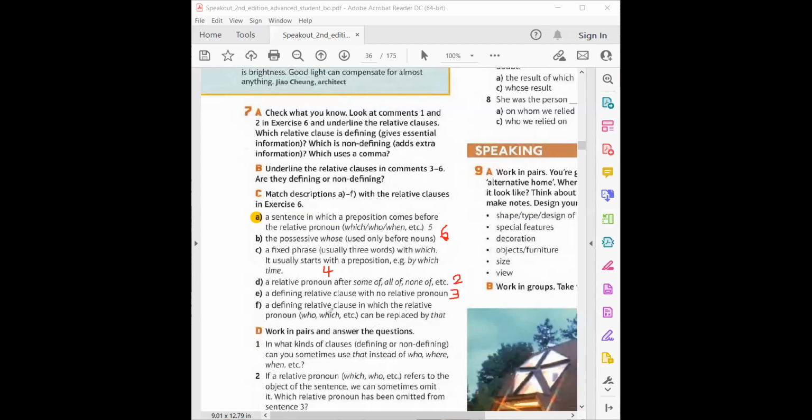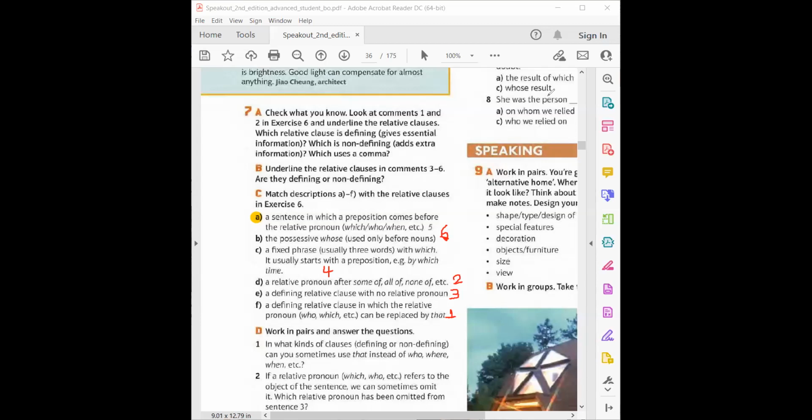And now a defining relative clause, a clause in which the relative pronoun who, which, etc. can be replaced by that. This is 1. Yes. Okay. Now, did you take the answers? Yeah, but teacher, can I have a question?